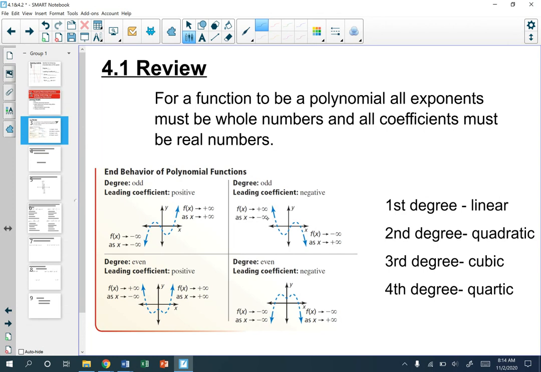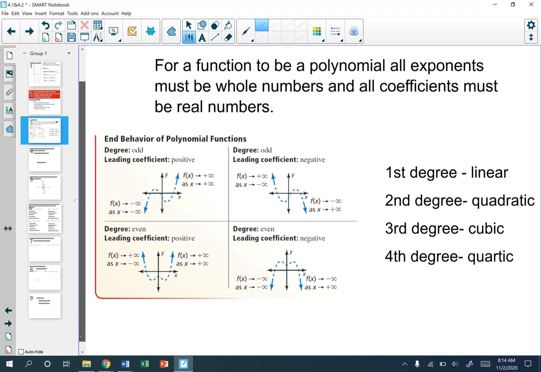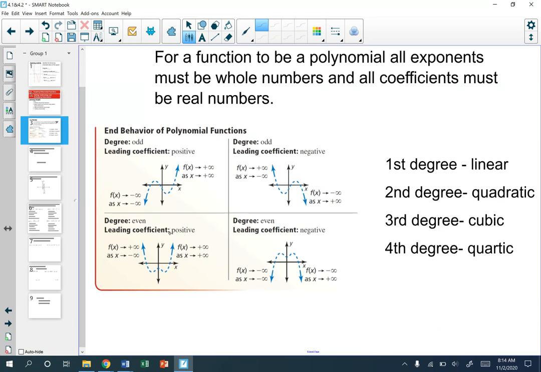And again, those just flip for the negative. So as f of x goes to infinity, x goes to negative infinity. As f of x goes to negative infinity, x goes to infinity. And then here we're looking at even degree polynomials. So remember, with even degree, the end behaviors are going to be going in the same direction. If it's positive, they both go up. I think of a parabola when I think of even degree. And then there's going to be some stuff going on in the middle there.